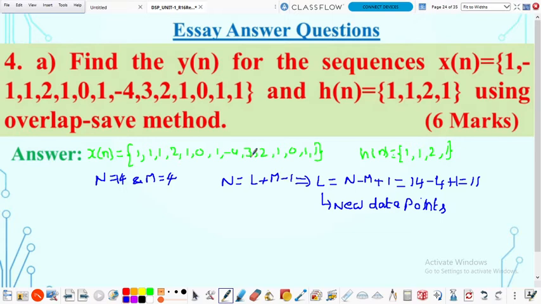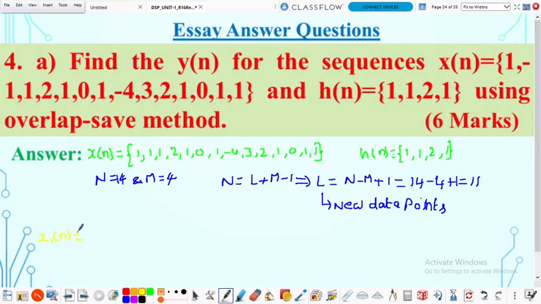So the first block of the data, x1 of n. How to arrange the first block of the data? For the first block of the data, the first M minus 1 data points are set to 0.